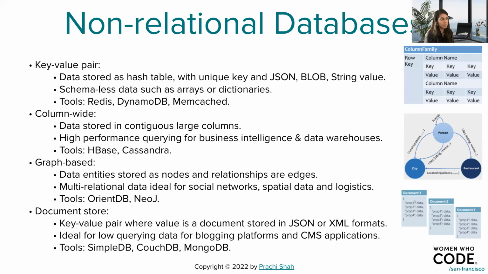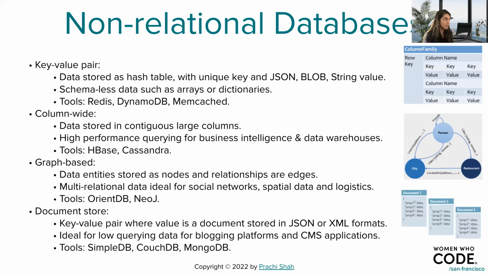You have column families, but it's really super optimized for one purpose, which is high performant queries. And that's your trade-off. That's when you want to choose a column-wide data structure, such as Cassandra or HBase, because you're optimizing for read heavy data, and therefore you want your queries to be super efficient.